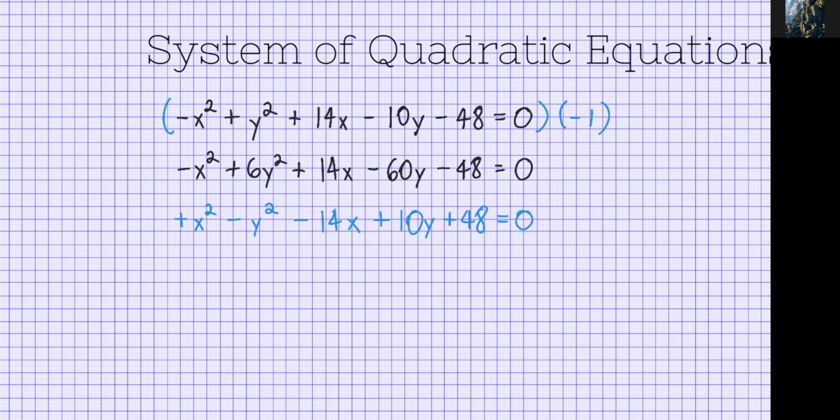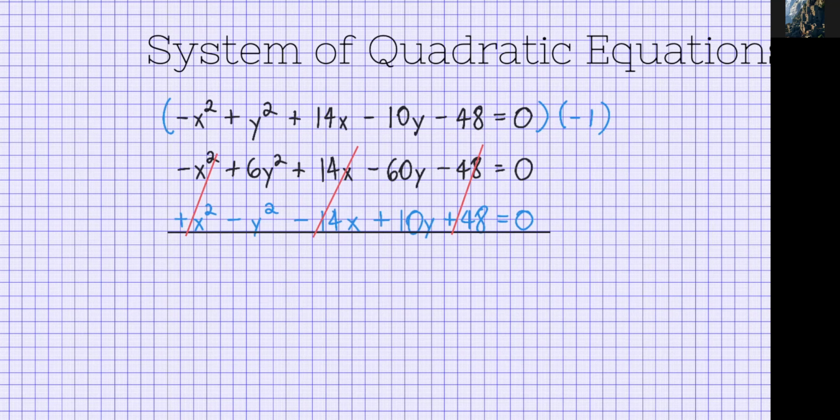If you see, what I'm doing is applying the idea of the method of elimination to solve this. So now my x squared will get canceled, 14x will get canceled, and the 48 will get canceled.